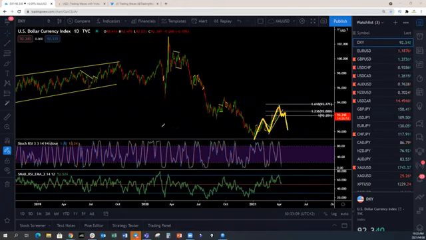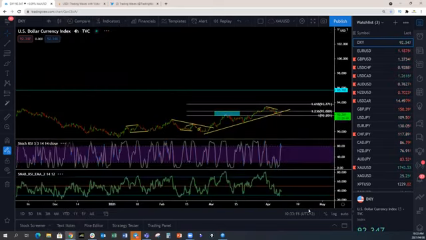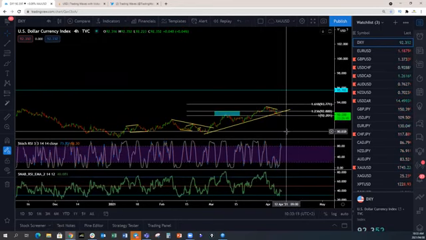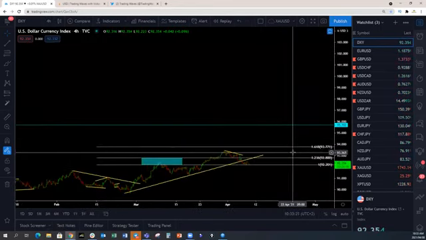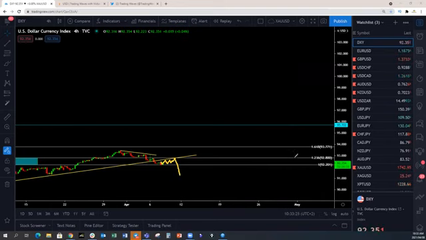Let's check 4 and 1 hour. 4 hour well below 50 and has already reset at the top again. So that means continuation to the downside. So the DXY will continue to the downside. That may invalidate our Audi trade, but let's keep an eye on it.